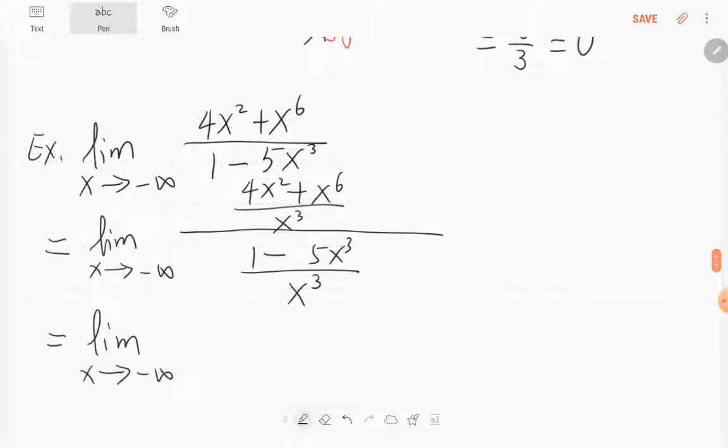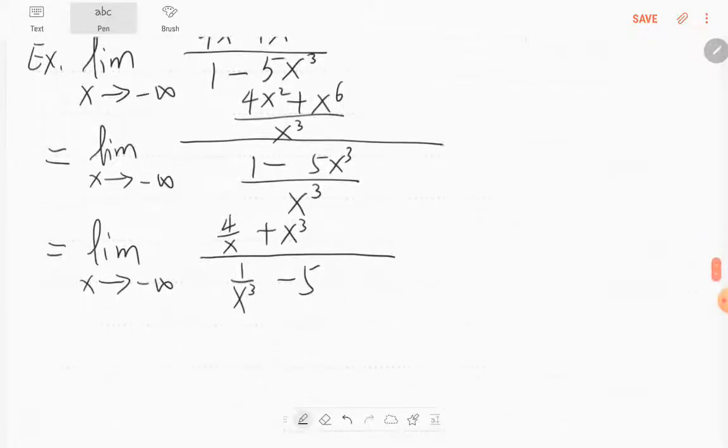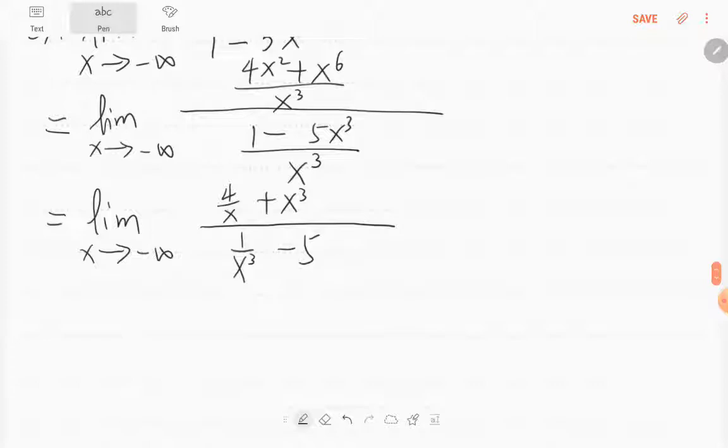So the numerator is 4 over x plus x cubed, and the denominator is 1 over x cubed minus 5. Then you will see that if you take the limit as x goes to negative infinity, the denominator is very large, so this would be 0, and this would be 0.